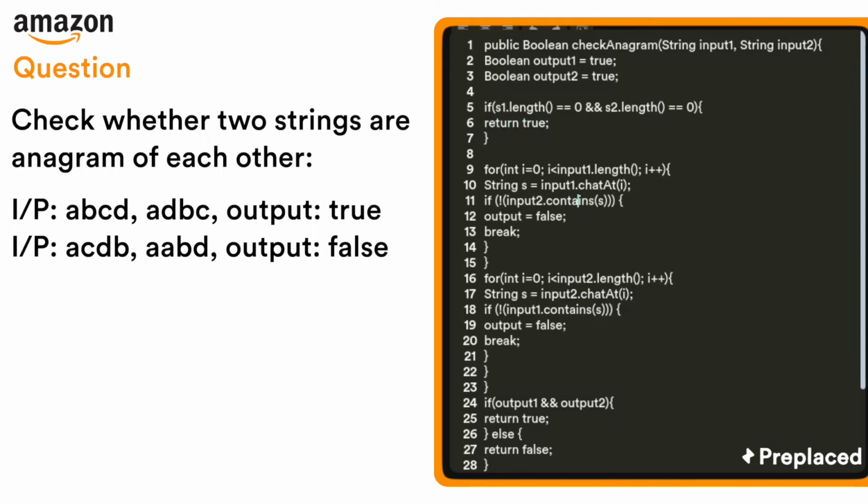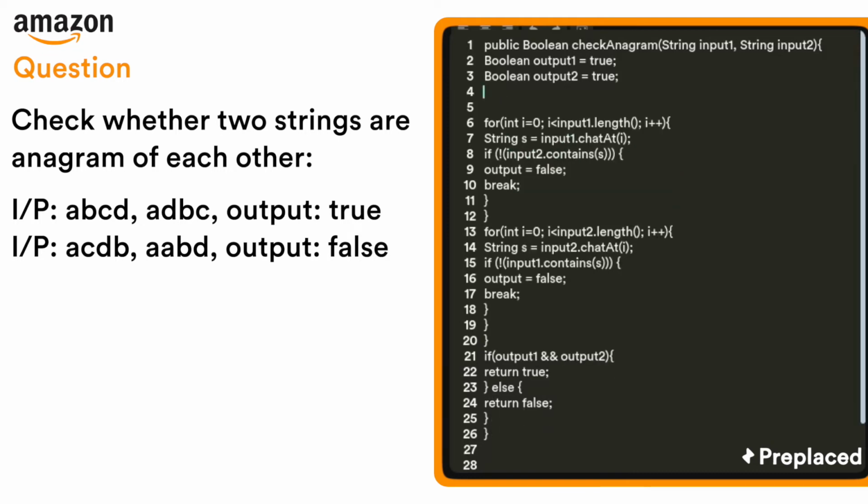So the empty string is handled. Actually, I don't need to write this, because this loop will not enter. If this loop doesn't enter, this output will remain true in both cases. It will work anyway with empty strings.